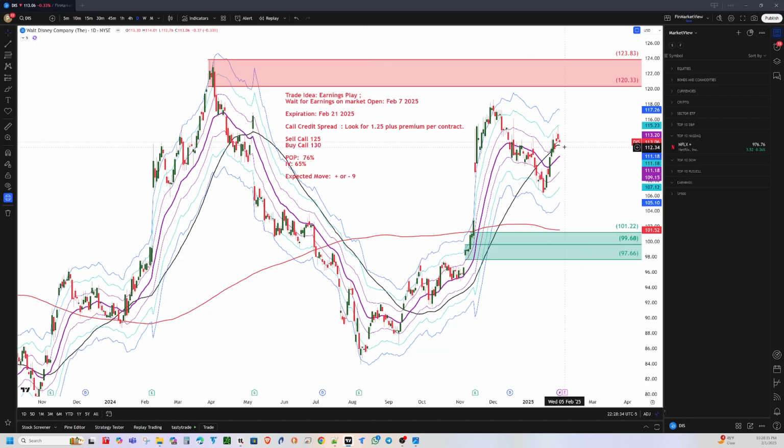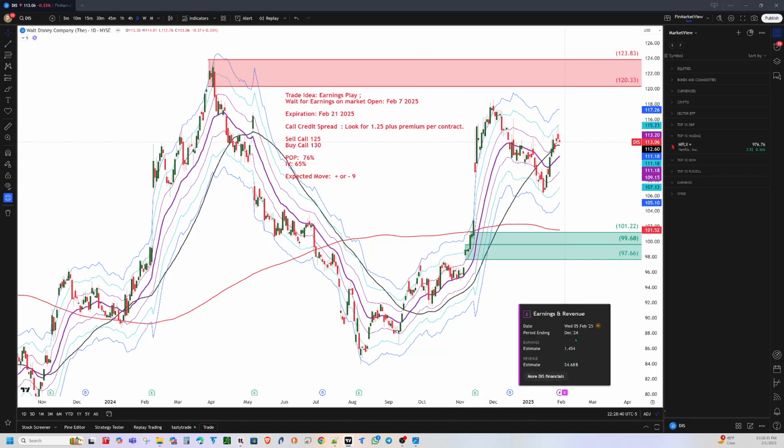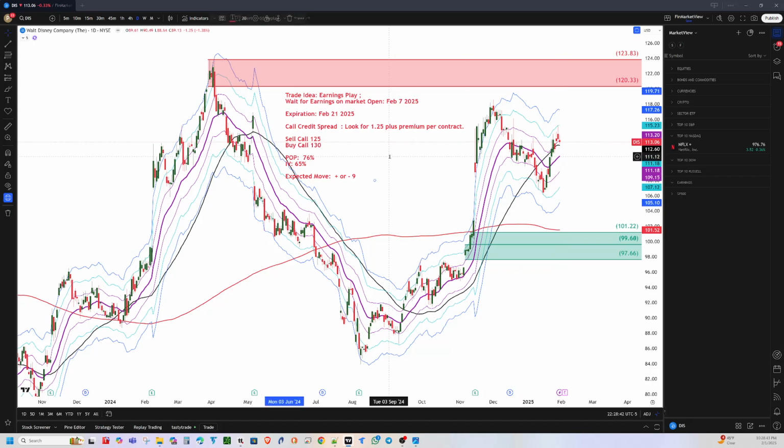Earnings are on Wednesday, so this trade is basically to wait for the earnings and wait for the market open. If earnings are good, it will gap up to this 120 area.